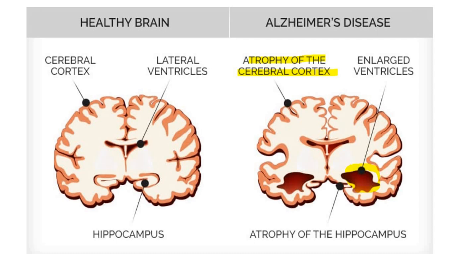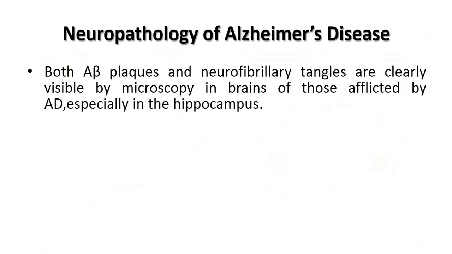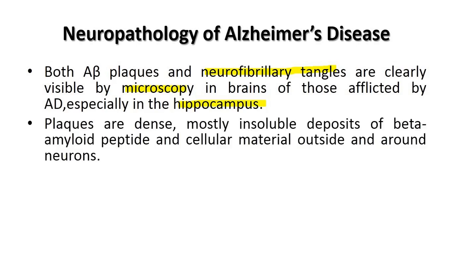Now something for writing in examination based on understanding. Neuropathology of Alzheimer's disease. Both beta amyloid plaque and neurofibrillary tangles are clearly visible in microscopy in the brain of the affected patients, in the hippocampus. The plaques are dense. They are mostly insoluble deposits of beta amyloid peptide and cellular material outside and around the neurons.